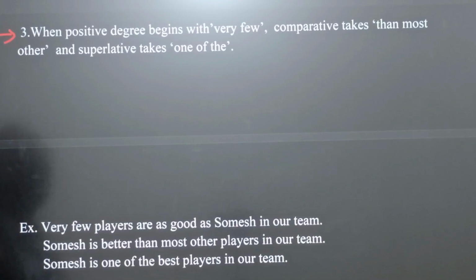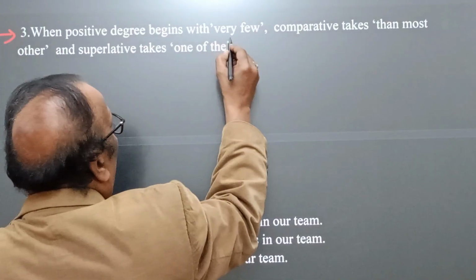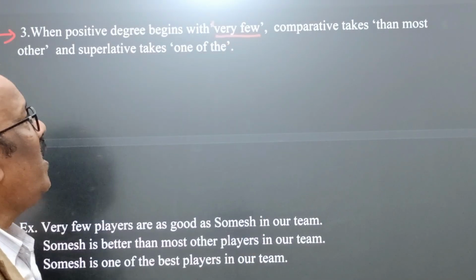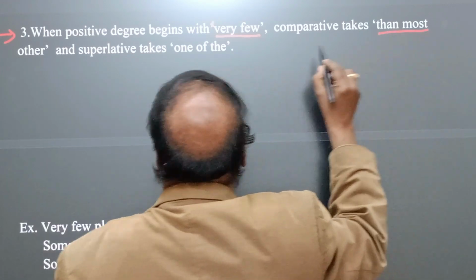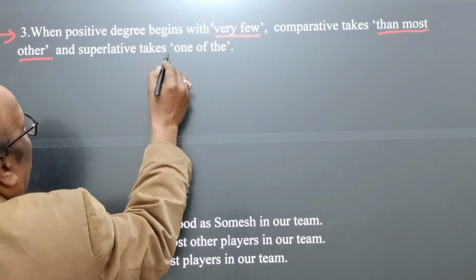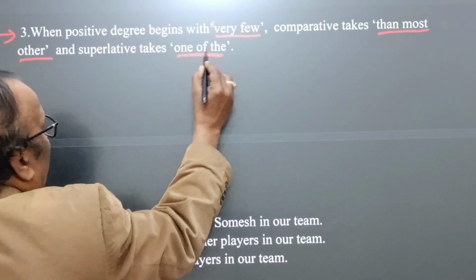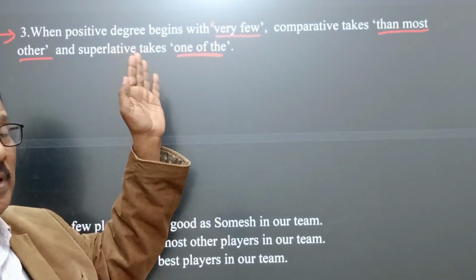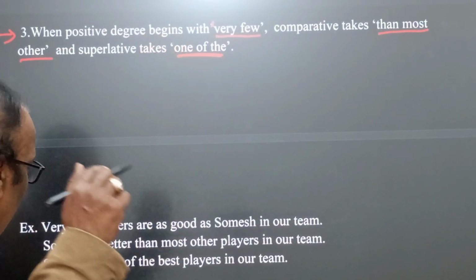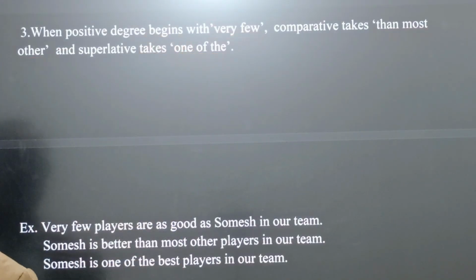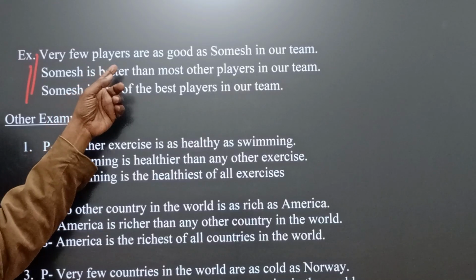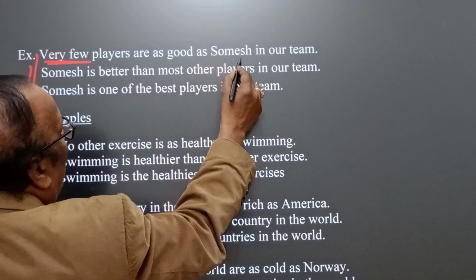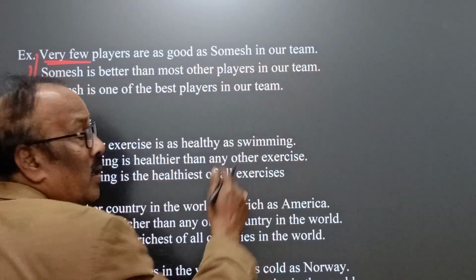Point 3: when the positive degree begins with very few, the comparative takes than most other and the superlative takes one of the. This is another interesting guideline that should be remembered. How? See in examples. Very few players are as good as Somesh in the team.